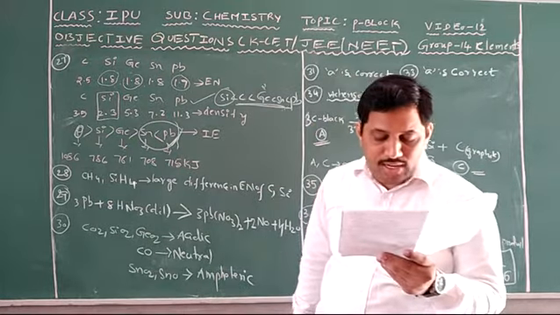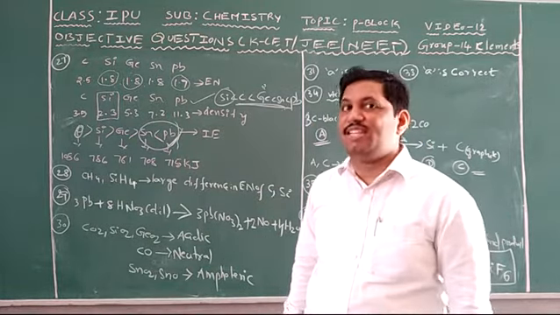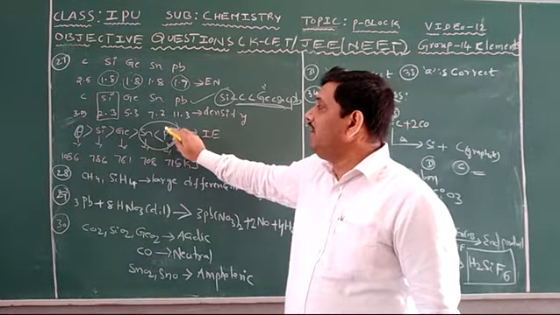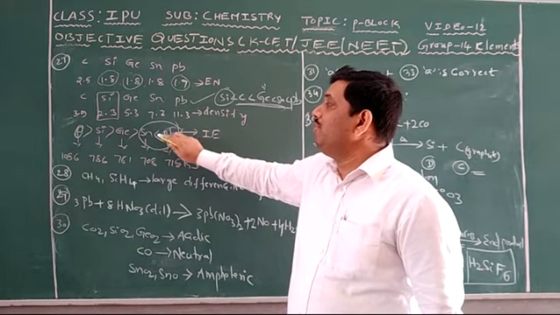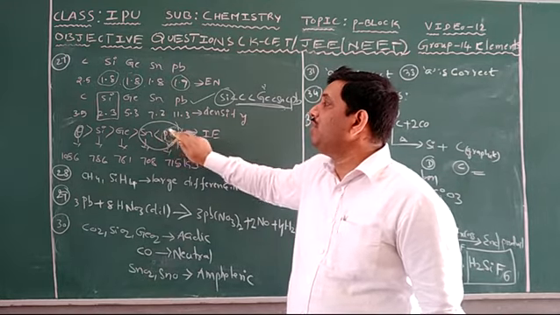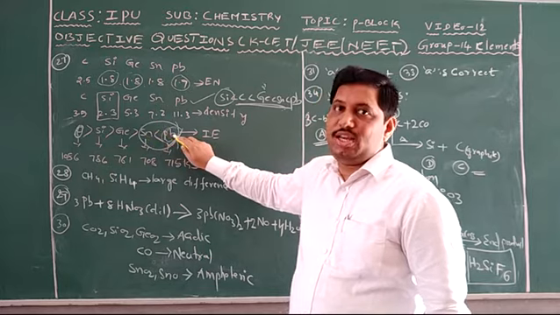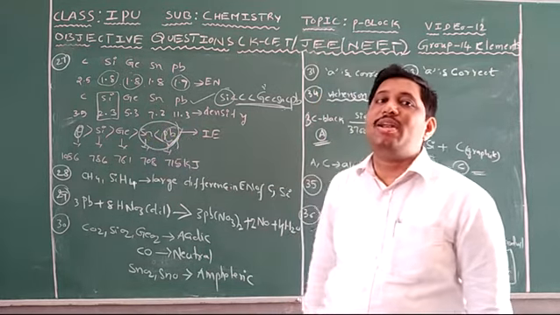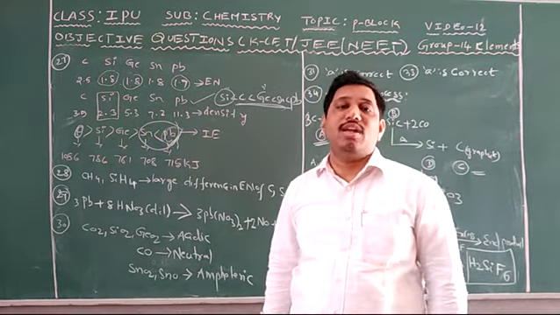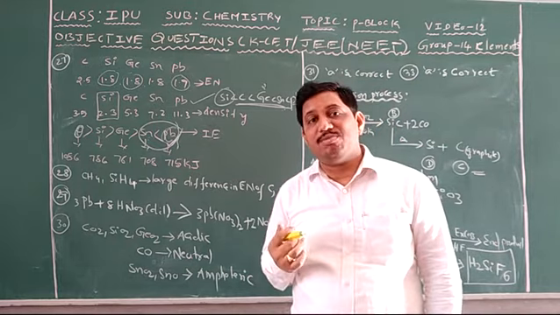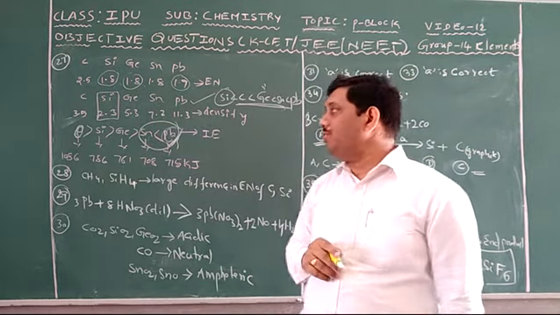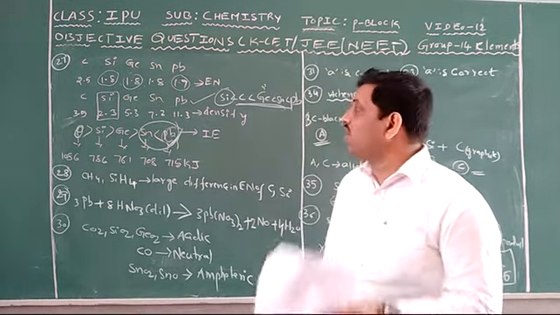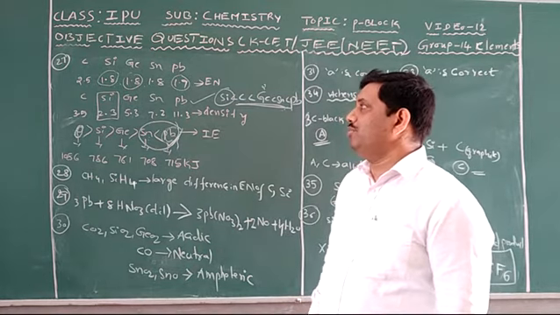Next, fourth, student. Lead has lowest first ionization potential. But lead does not have the lowest. When compared to tin, it has higher ionization potential. Lead is not the element having lowest ionization potential. Therefore, here the fourth option is the wrong option.